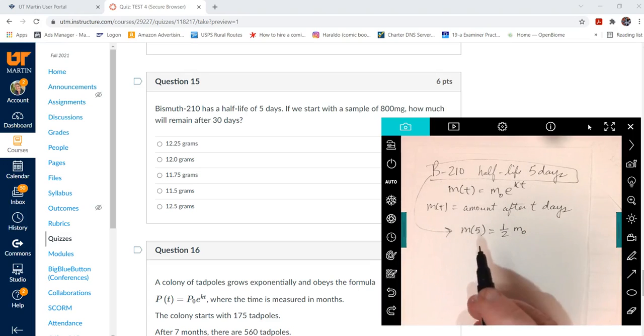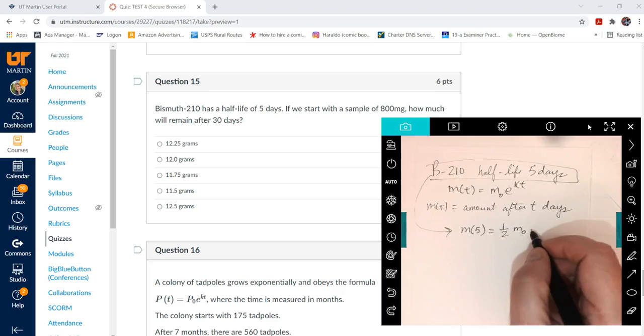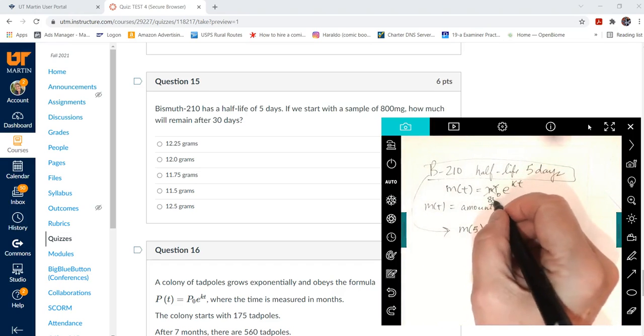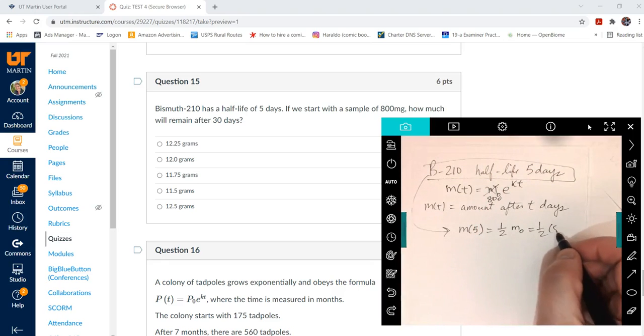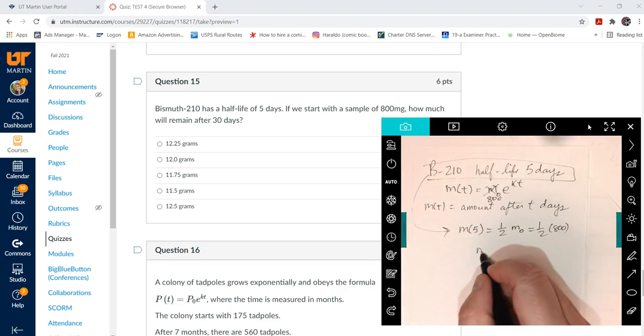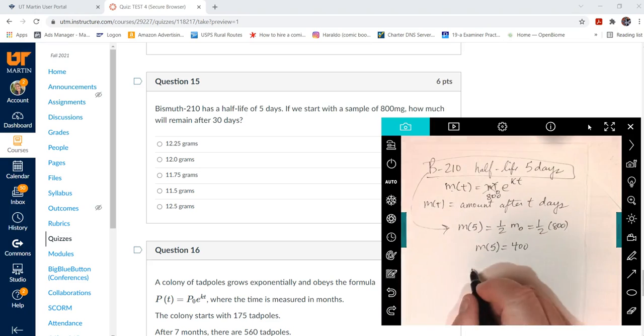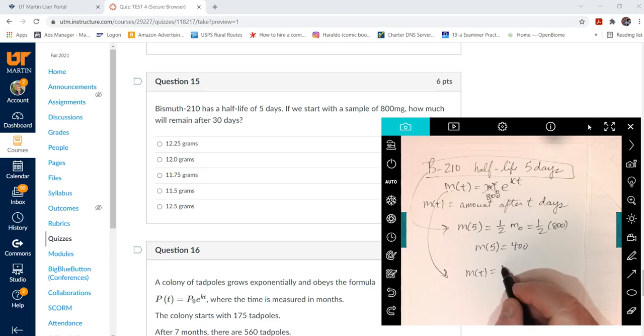Now, if we start with a sample of 800 milligrams, so my starting amount here is 800. So the amount after 5 days is going to be half of what you started with. And I can also refine this formula because my starting amount is 800.